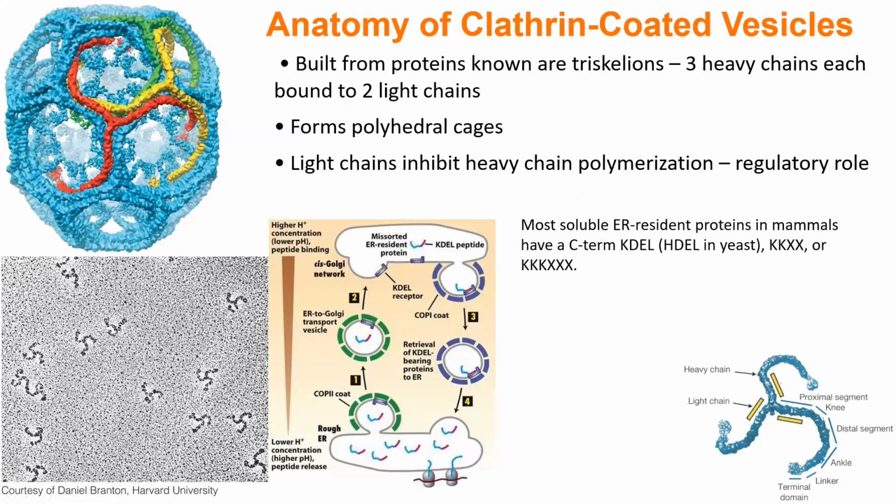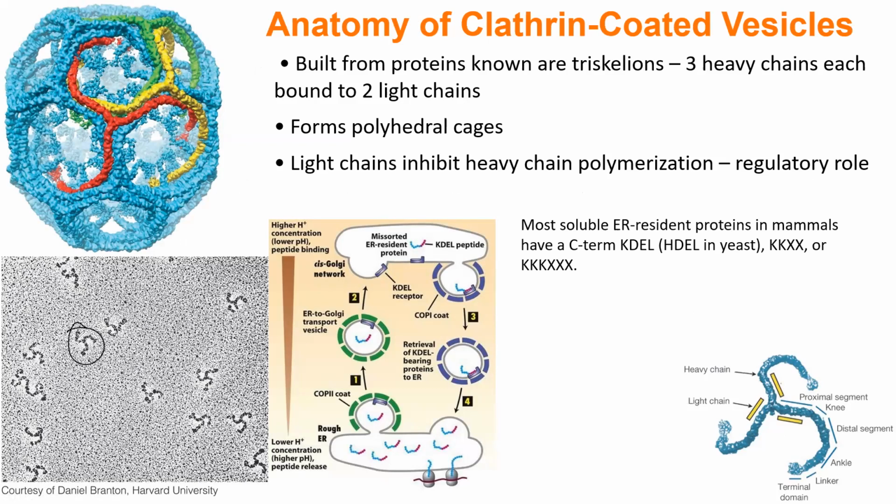And let's take a look at what these vesicles actually look like. And so on this image on the left here, we're looking at Clathrin, right? And Clathrin is made out of what are called triskelions.